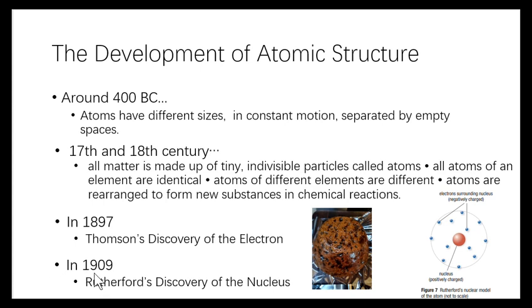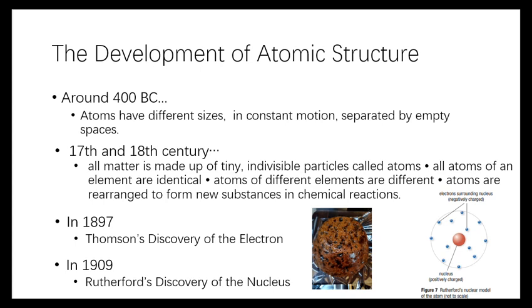In the year 1909, Rutherford discovered the existence of the nucleus. And 10 years later, around 1920, Rutherford proposed that the nucleus is made up of positively charged particles, each one called a proton.